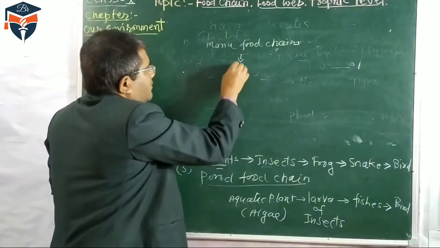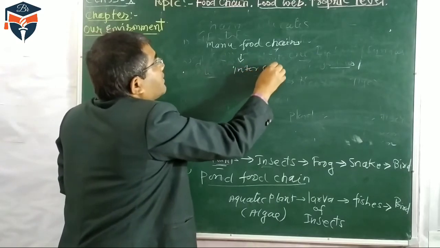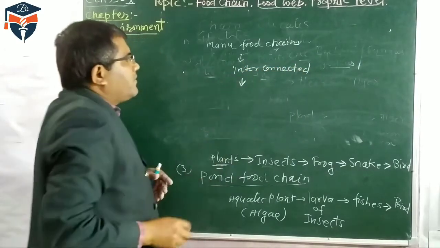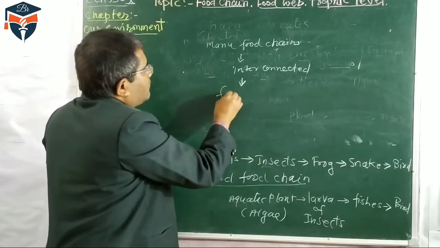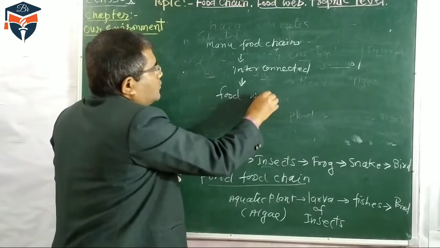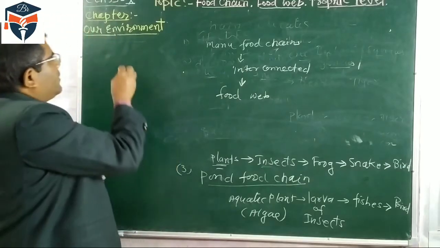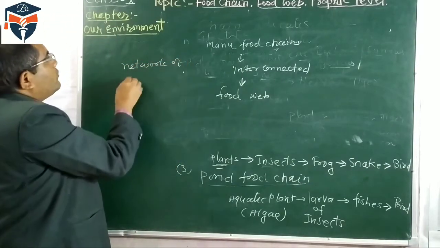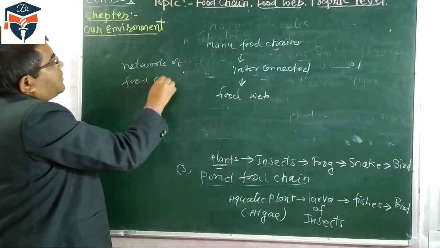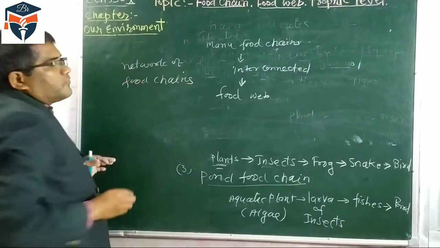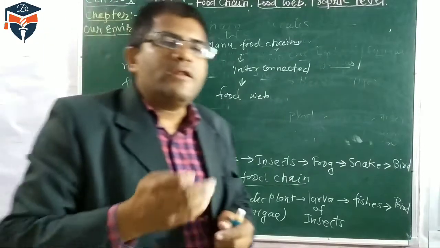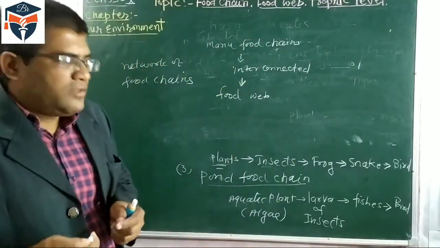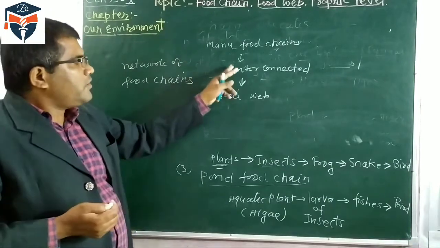Once they are interconnected with each other, it is called the food web. So simply we say, a network of food chains. The network of many food chains interconnected to each other is called the food web.